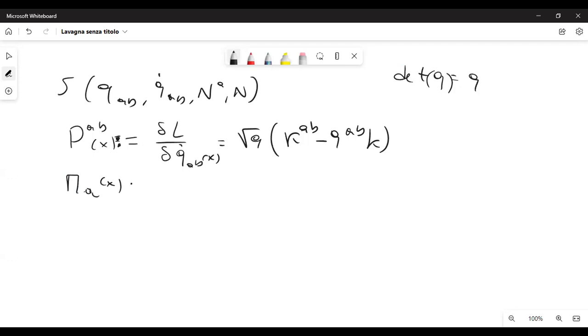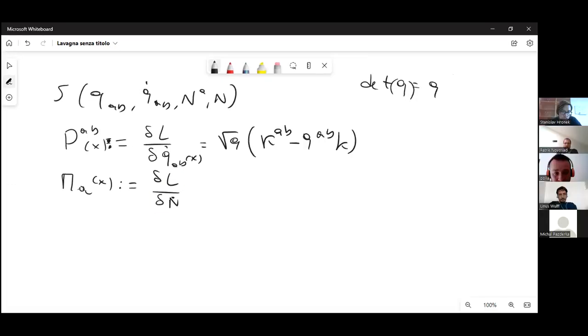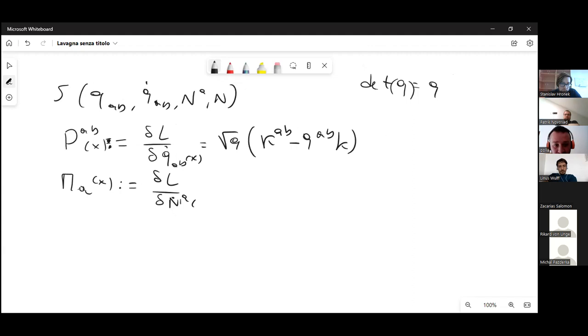So these are the other momenta, pi prime a at x equals 0, and also pi n is 0. Sorry, n prime is 0.